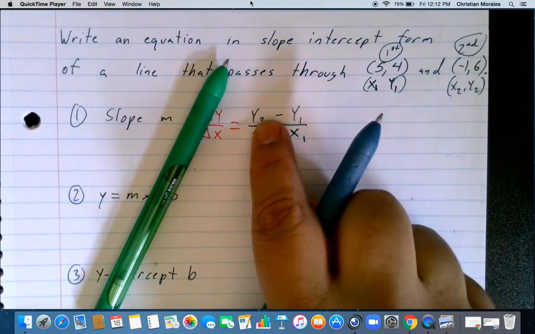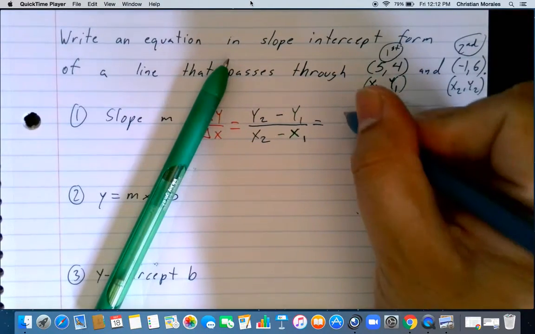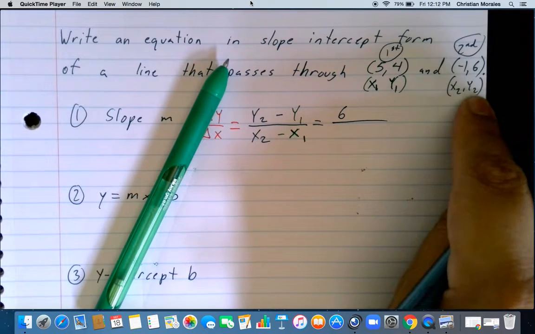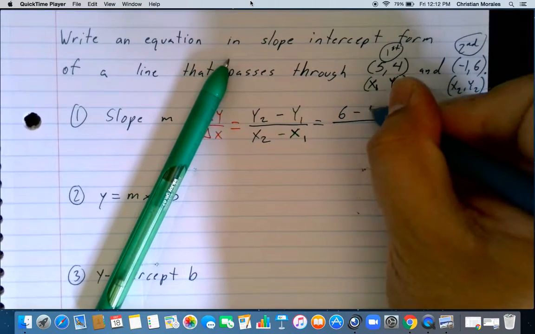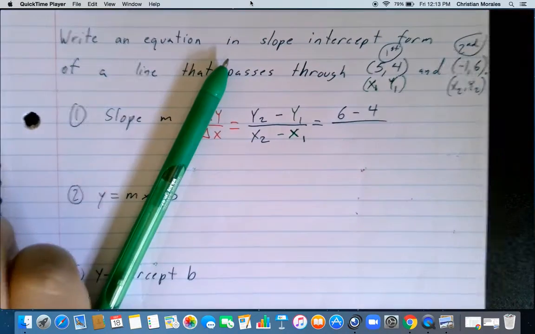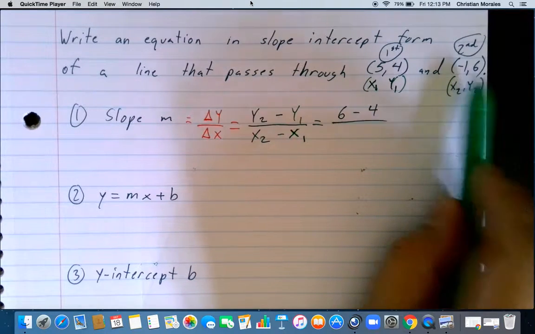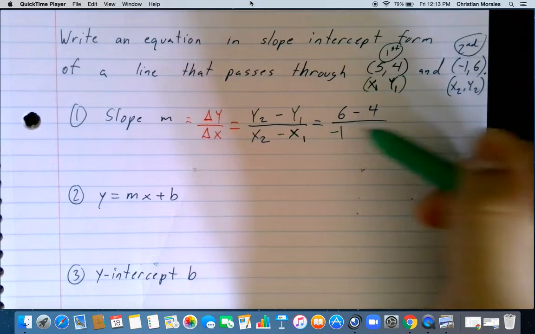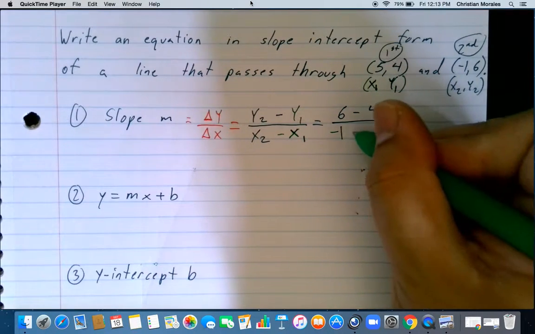Now, the y's go on top. So I'm going to take 6, my y2, minus my y1, which is 4. 6 minus 4. Now here, this is my x2, -1, minus my x1, which is 5.